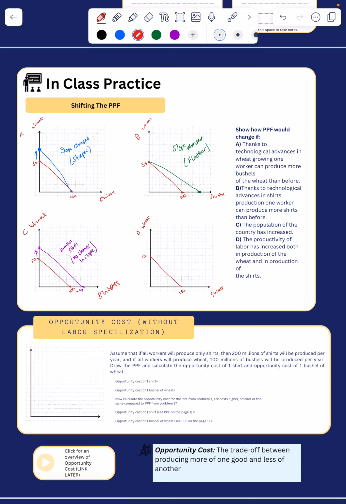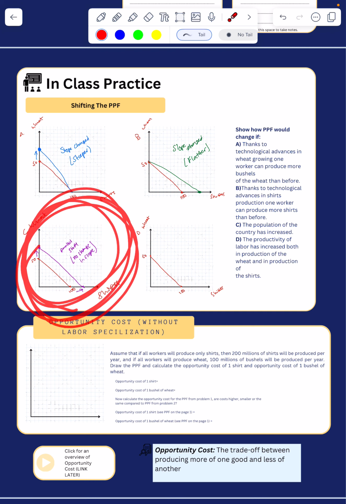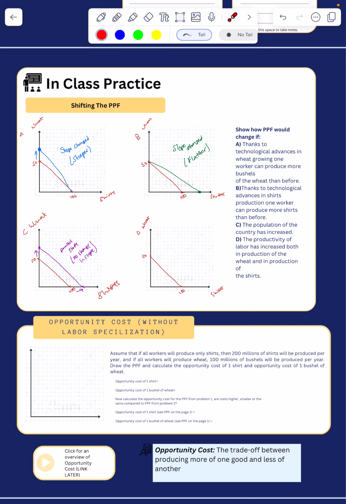There is what we just looked at, which is a parallel shift in production. So if we have a parallel shift, which means that there is an equal change in the production of wheat and shirts. So if production of both wheat and shirts increased in the exact same number, we're going to have this parallel shift again.